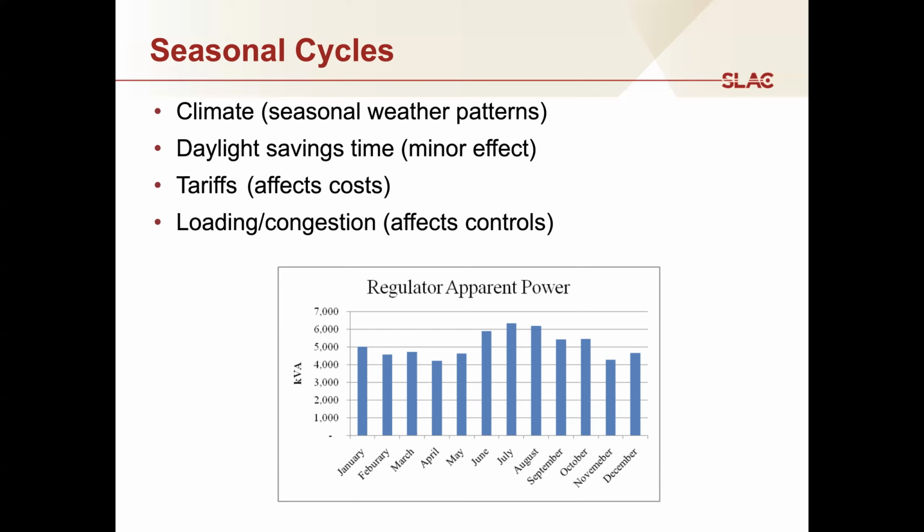Tariffs affect the costs, and in some cases they can affect behavior. Time of use tariffs and real-time prices are designed to affect the behavior of people and the building control systems. And then, of course, just the general loading on the system can give rise to congestion on devices, as well as affecting the controls that govern how regulators and capacitors and switches and other such devices are affected on the system.